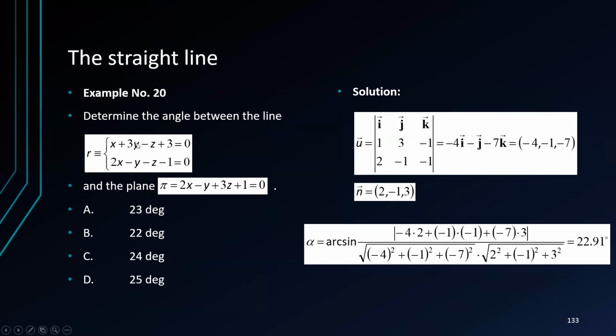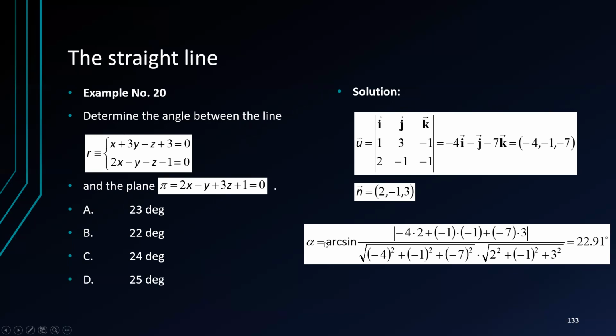So ito, magiging siyang 1, 3, negative 1, 2, negative 1, negative 1. Ito yung ABC mo: A, B, C, negative 1. Ito naman is U1, U2, U3, is negative 4I minus J minus 7K. Yan, negative 4, negative 1, negative 7, di ba?